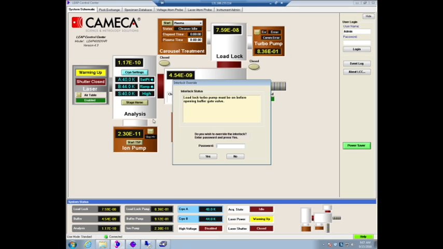No, we don't have a heated carousel. It's actually something that I suggested when the machine was arriving. Okay, then.